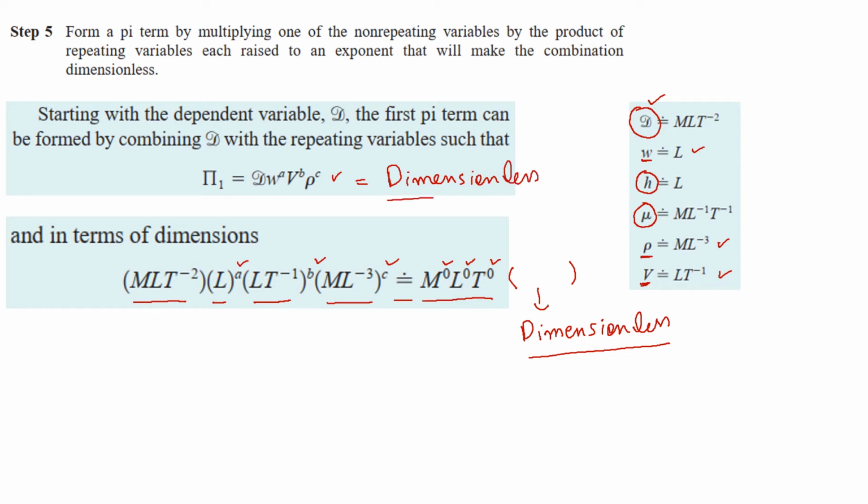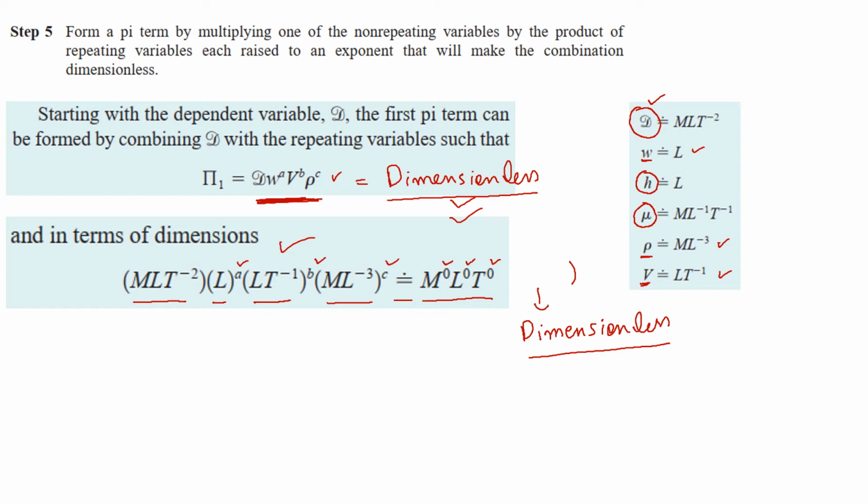I'm applying the principle of dimensional homogeneity, which means that my left hand side will be equal to my right hand side. So the term on my left hand side must also be dimensionless. For that purpose I am doing this step, to arrange these terms in this pi 1 in the correct order so they also appear dimensionless. In this case, my left hand side will be equal to my right hand side.